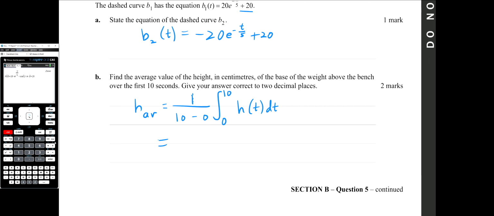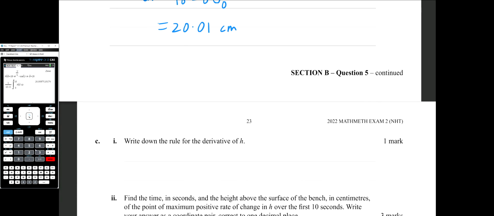So that is here. So control that. 1 over 10 minus 0 times shift plus integral 0 to 10 of h(t) with respect to t. And there we are, 2 decimal places. So the average height will be 20.01, and that will be in centimeters. There you go, that's the average height over the first 10 seconds.